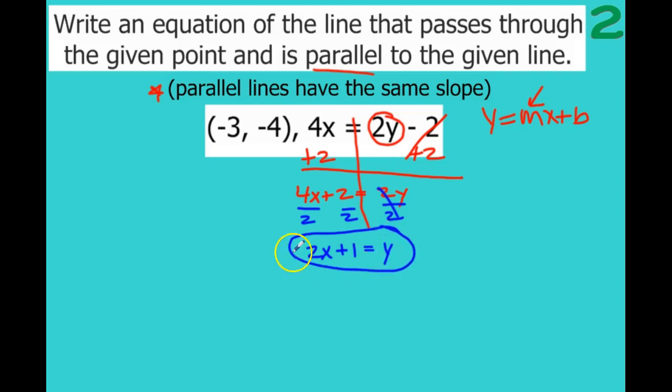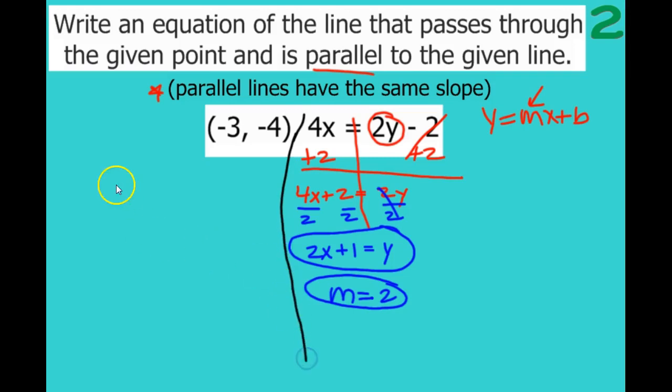So that's in the form y equals mx plus b. So our slope in this equation in front of the x is 2. So there is our slope, and if we're looking at parallel lines, our parallel slope also has to be 2.